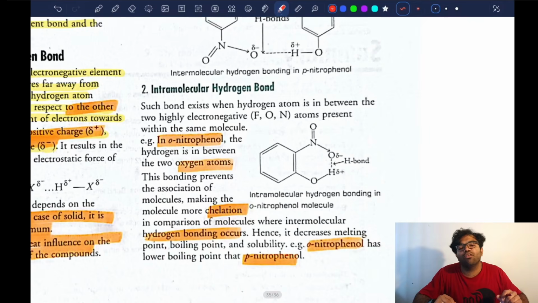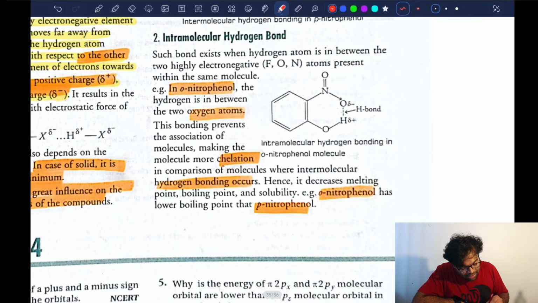The solubility will be lower. The melting and boiling point will be lower. So this is how the presence of hydrogen bonds and how they are present in a molecule greatly affects the physical properties of the molecules. Hence the decrease in the melting point, boiling point, and solubility.